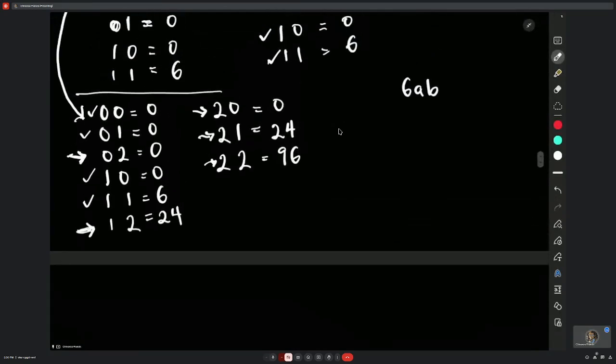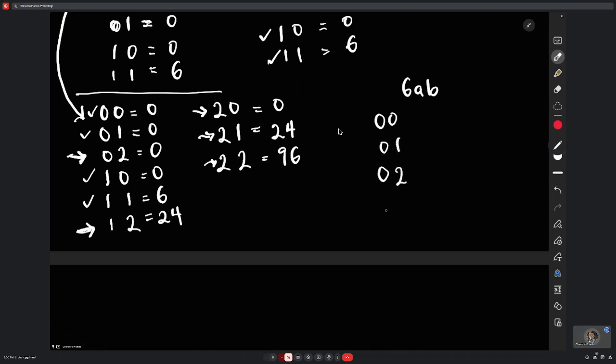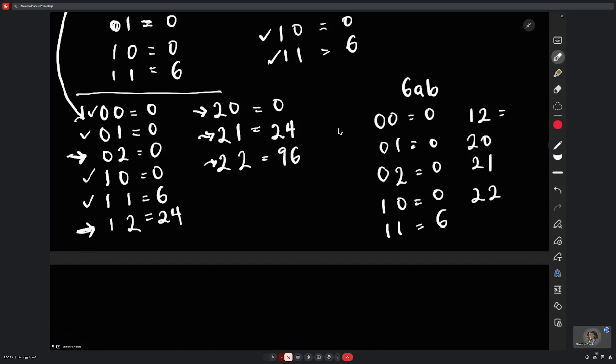Okay, let's quickly verify. So that's 0 0, 0 1, 0 2, 1 0, 1 1, 1 2, 2 0, 2 1, 2 2. So 0 0, 0 1, 0 2, 1 0, 1 1, 1 2 is 12, right? 2 0, 2 1, 2 2 is 24.